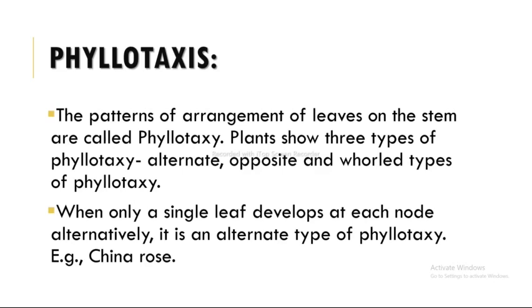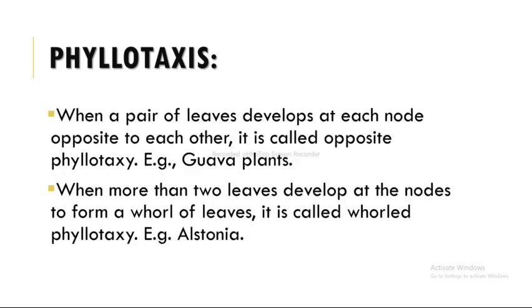When only a single leaf develops at each node alternately, it is an alternate type of phyllotaxy, and that is found in China rose. When a pair of leaves develop at each node opposite to each other, it is called opposite phyllotaxy. An example is guava plants.